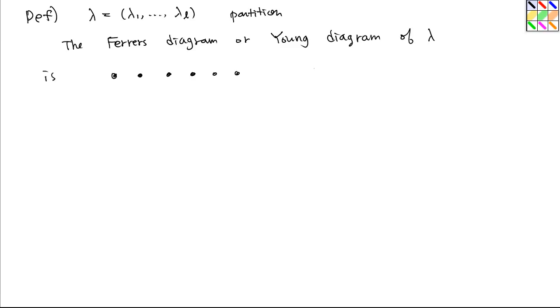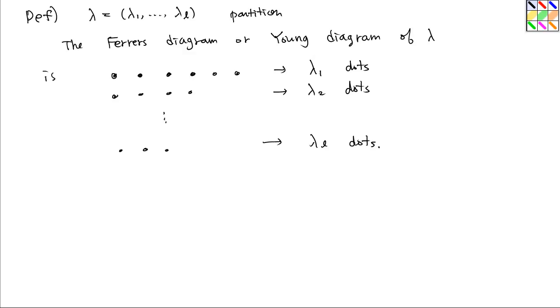So in the first row we have lambda 1 dots. In the second row we have lambda 2 dots, and then in the last row we have lambda L dots.